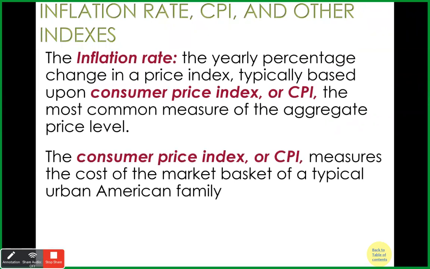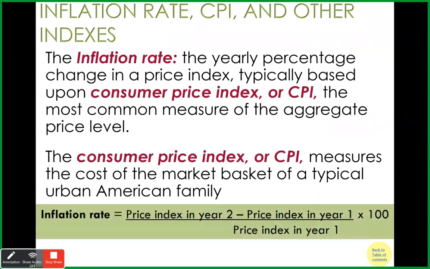All right, once we have this price index, we are going to calculate inflation. What is inflation? Essentially, it is the growth rate of the price index, or the percentage change in the price index. But what is the price index? It just keeps track of the cost of the market basket. What is the market basket?